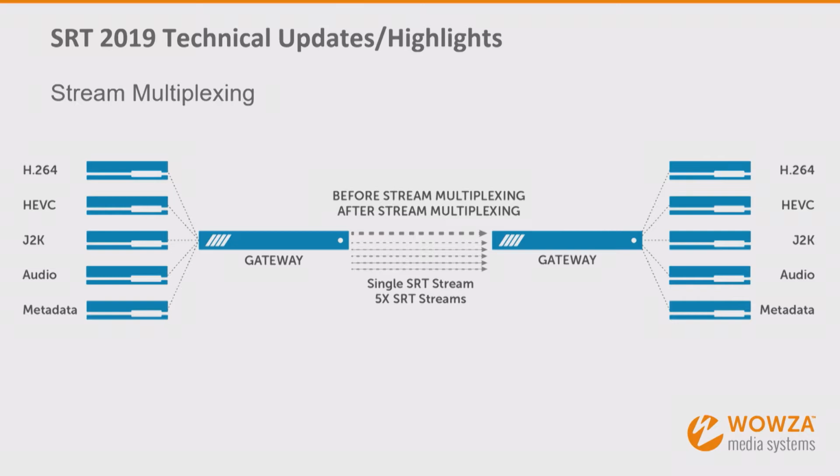You may want to have a bunch of things going through the firewall without having to completely open new ports or dynamically open ports in your firewall as you go. So this allows you to effectively give the stream an ID, shove it all down one single connection, and then demux it on the other side and pull out the relevant streams.